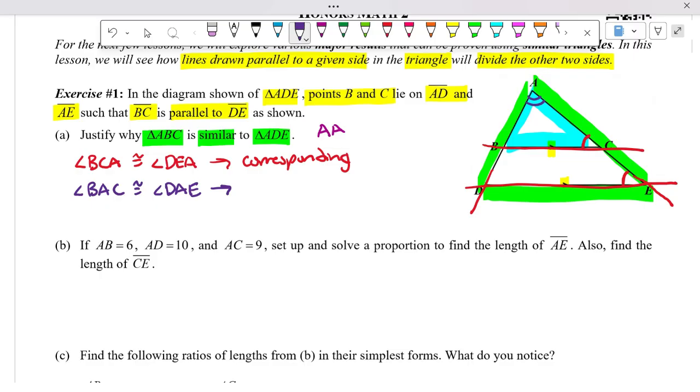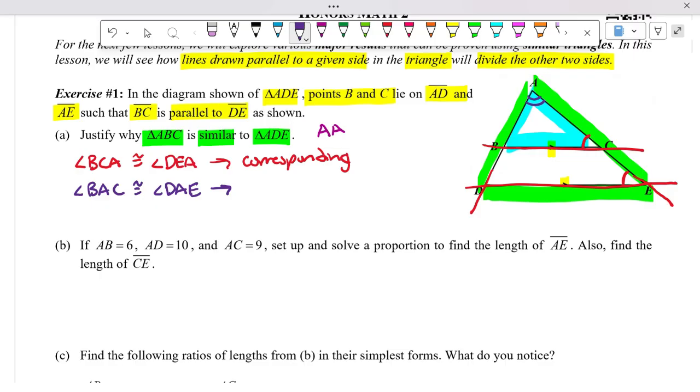So first off, why did I only mark one angle? This one right here. They're the exact same angle. Someone who has not spoken yet today: why can we say that those two angles are congruent? We talked about this when we talked about proofs.